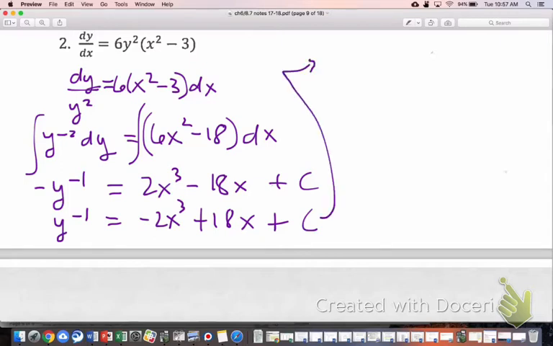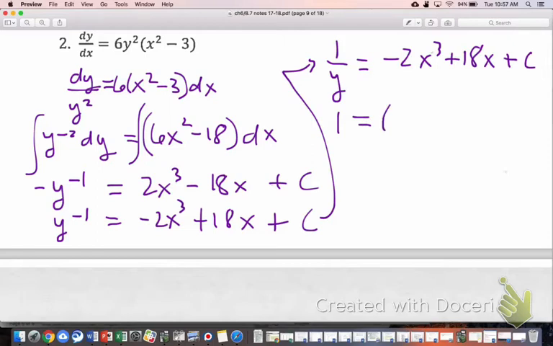This is kind of where we finished last time. I think maybe you could flip the y down, so it'd be 1 over y equals negative 2x cubed plus 18x plus c. Any suggestions from here as far as what you would do to get the y by itself? You cross multiply? Sure. So that would be 1 equals, parentheses, negative 2x cubed plus 18x plus c times y.